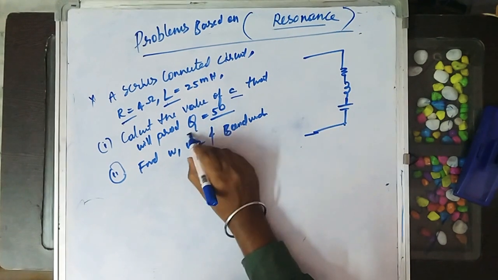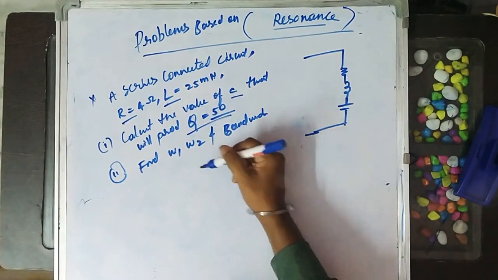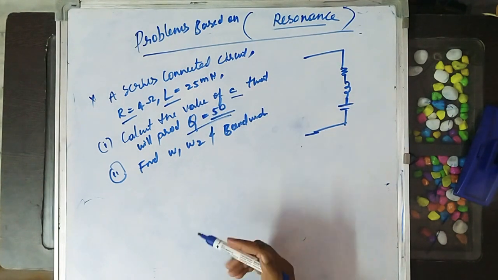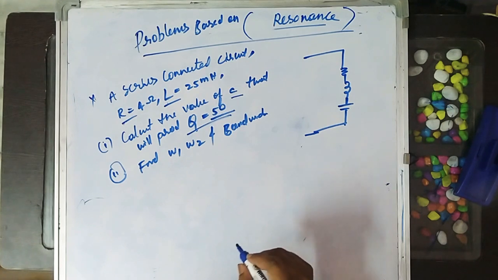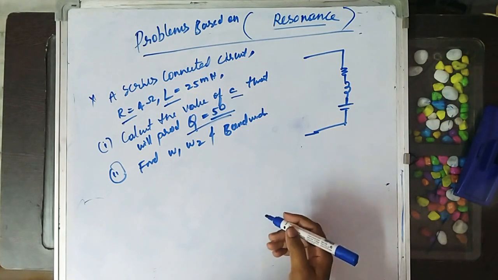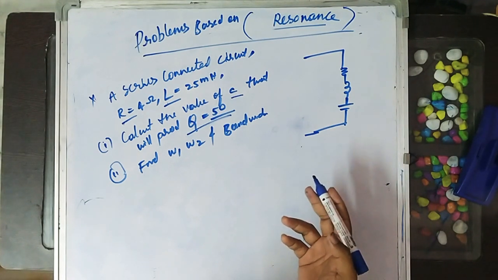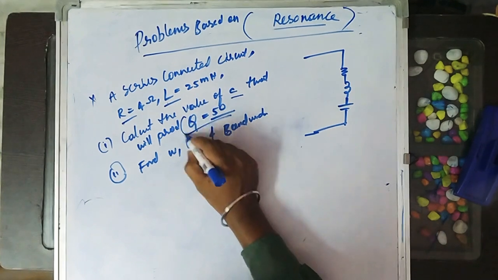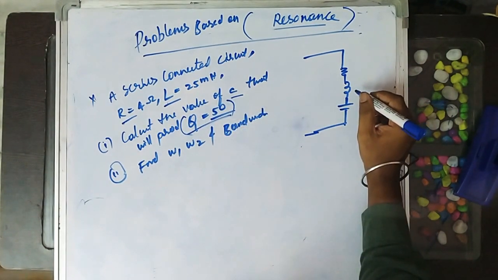You are given the quality factor Q, and in that circuit the word resonance is not mentioned. We have to understand whether the circuit belongs to resonance or not by only the given values. If Q is asked, that means the circuit is in resonance.